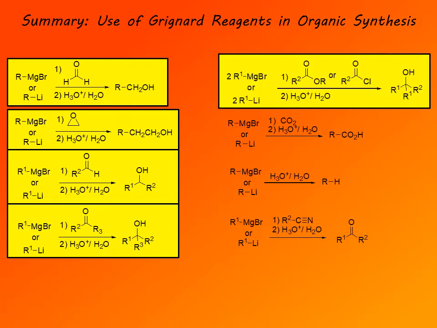Reaction with an ester or an acyl chloride, so carboxylic acid derivatives, also results in formation of a tertiary alcohol, but in this case, since two substituents originate from the organometallic reagent, two substituents must be identical. Reaction with carbon dioxide, upon acidic workup, results in formation of the corresponding carboxylic acid, and that carboxylic acid has one more carbon atom compared to the starting organometallic reagent.